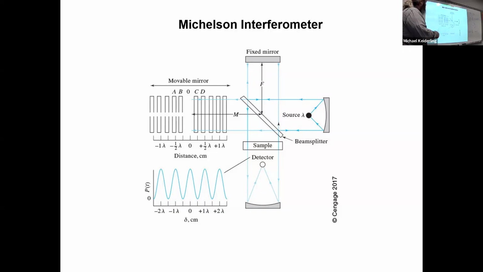The mirror is half a wavelength away. When it's at 1 wavelength, you'll get a peak again. So as this mirror moves, you know how it's moving because you're controlling its movement. Also, you're running a laser through this to record how it's moving with a fixed wavelength.